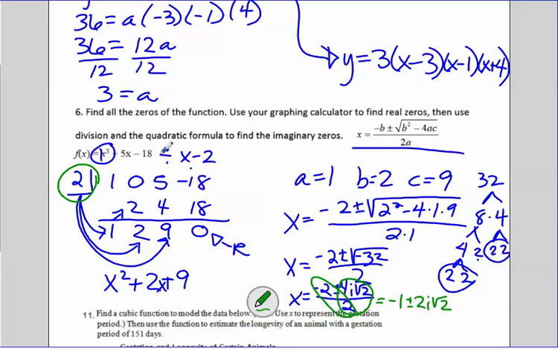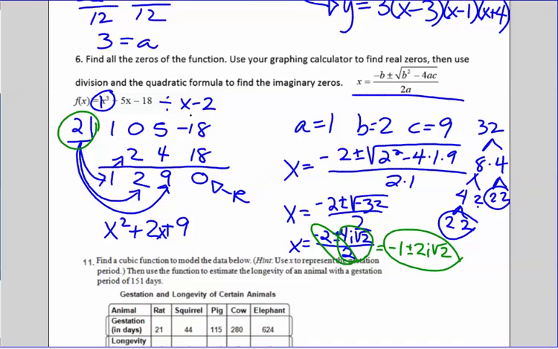I have 2 imaginary solutions down here, so you can write your set of all solutions. My set of all solutions would be positive 2, negative 1 plus 2i root 2, negative 1 minus 2i root 2.